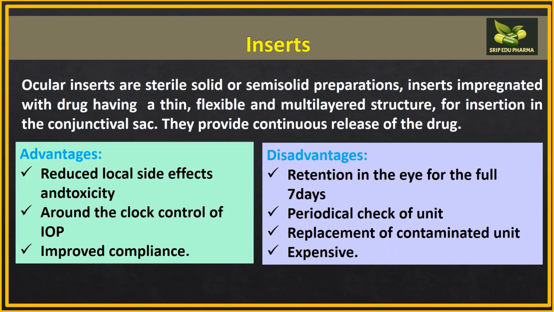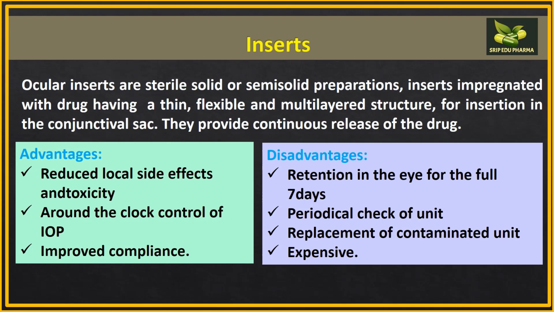Another important system is ocular inserts. Ocular or ophthalmic inserts are sterile, solid or semi-solid preparations, impregnated with drug, having a thin, flexible and multi-layered structure for insertion in the conjunctival sac. They provide the continuous release of the drug. In this, in a predetermined manner, a predetermined quantity of the drug is released in the ocular cavity.